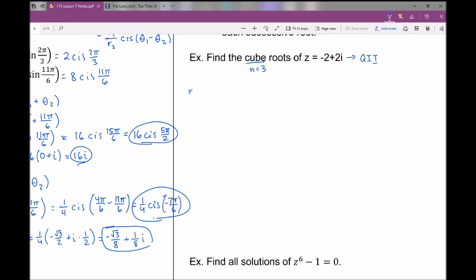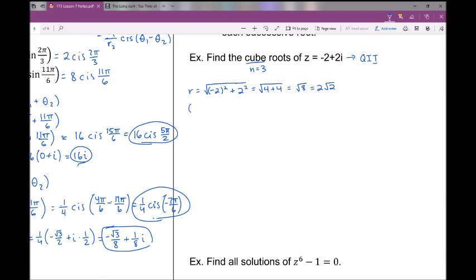So we need the radius, which is the square root of a squared plus b squared. So we have the square root of negative 2 squared plus positive 2 squared. So we have the square root of 4 plus 4, which is the square root of 8, and we can simplify this to 2 times the square root of 2. So that is the radius.